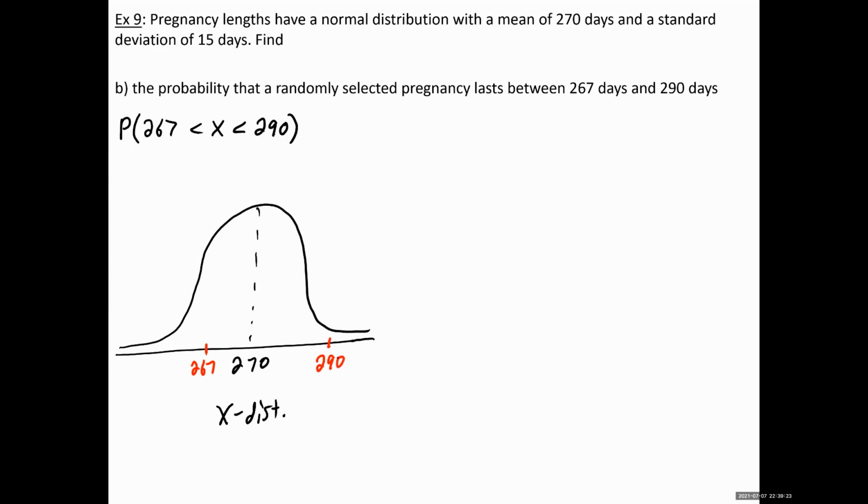It doesn't matter exactly where you put it, but one's on the left of 270, one's on the right of 270, so make sure you do that. Go up to the curve for both of them, and you're going to shade between, because this is the notation for between. So you shade below the curve, above the x-axis, and between these lines. Okay, so there's the picture for this one.